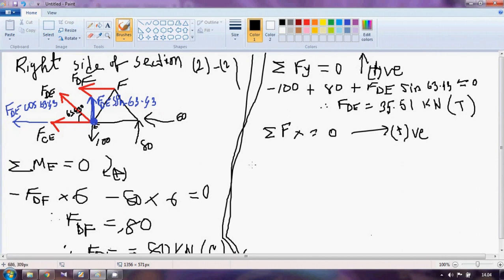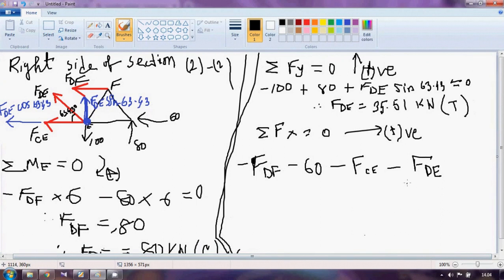F_DF, so it is minus F_DF. And this plus 60, then minus F_CE, this force minus F_CE, and this is minus F_DE cos 63.43.